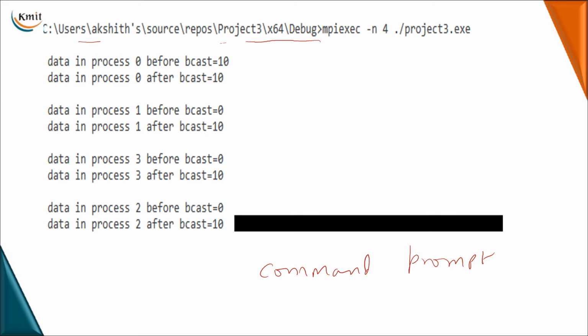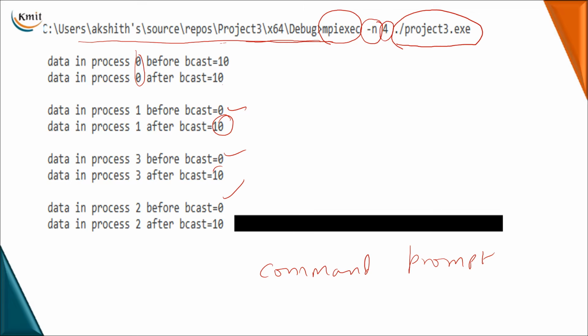Whatever you have from your users folder till this debug folder, you navigate to it, and mpiexec is the command required for executing your MPI program. These are your command line arguments. Hyphen n indicates the number of processes. Here I am going for 4 processes, and you pass the executable file of the program which you have already built using Visual Studio. Before the broadcast we saw 0, and after the broadcast 10, because process 0 has the input, whereas process 1, 2 and 3 were initially 0, and now they are filled up with 10, 10, 10.